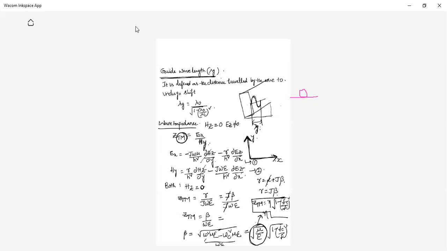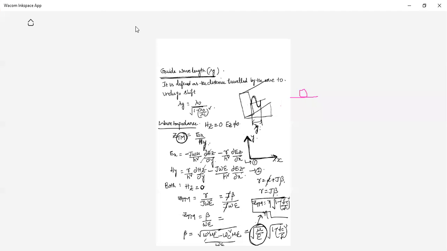First, derive the field component expressions of a rectangular waveguide for TM mode. Next, define cutoff frequency, guide wavelength, cutoff wavelength, phase velocity, group velocity, and wave impedance.